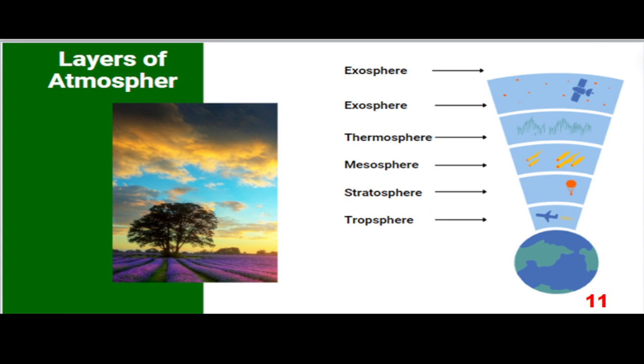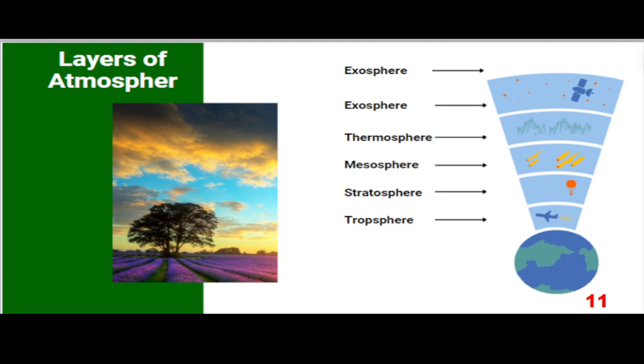This process determines the maximum rate of temperature decline with height, called the adiabatic lapse rate. The troposphere shows a positive lapse rate. The uppermost boundary is called the tropopause, with its height depending on geographical latitude and weather conditions. So this is the troposphere.